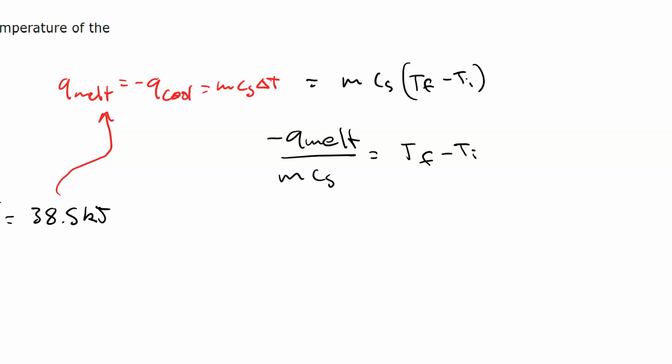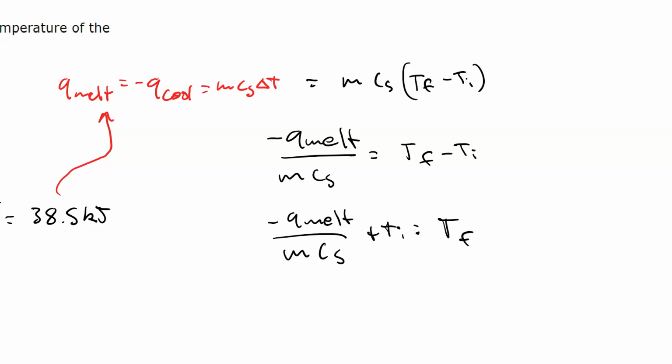If I add Ti to both sides, I get negative Q melt over m Cs plus Ti equals Tf. This Tf represents how much the water is cooled by melting the ice.